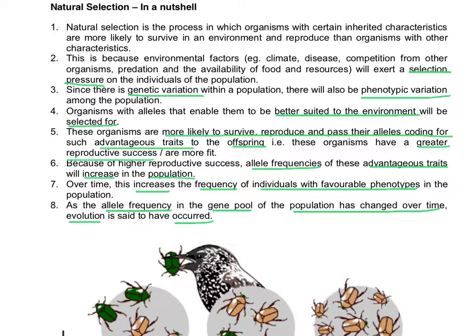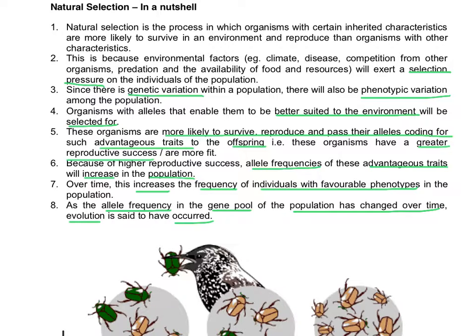Because of the environmental factor, which is predation by the bird, which will exert a selective pressure. And since there is genetic variation, there are alleles coding for brown body color and alleles coding for green body color, maybe. There will be phenotypic variation among the population, therefore you see brown colored and green colored individuals.